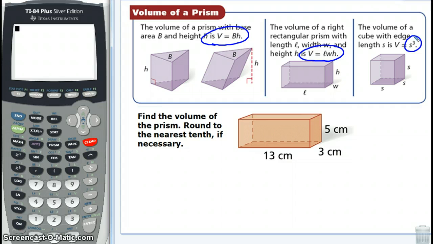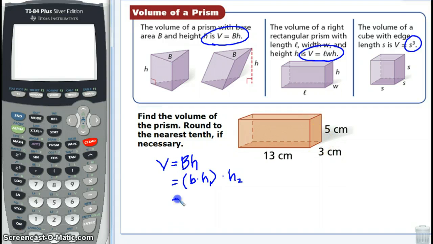So for the volume here, we write down the formula: V equals area of the base times H. And then we write the area of the base as length times width, because it's a rectangle. And this is the height right here of this figure.